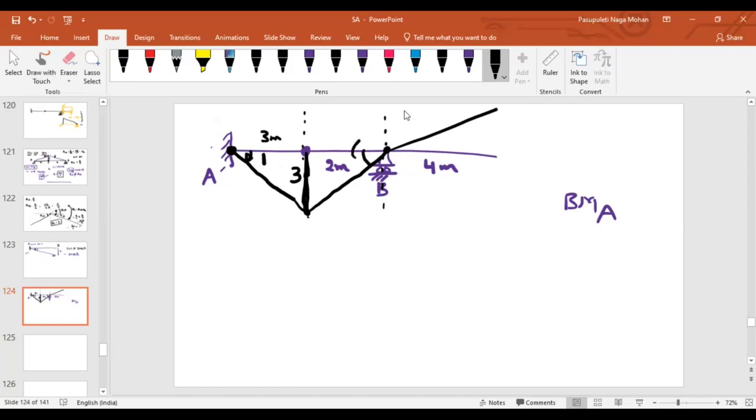Vertical ordinate 3, length 2 meters, so the slope is 3 by 2. The next slope is also 3 by 2. The ordinate is 4 meter into slope 3 by 2, which is 6.